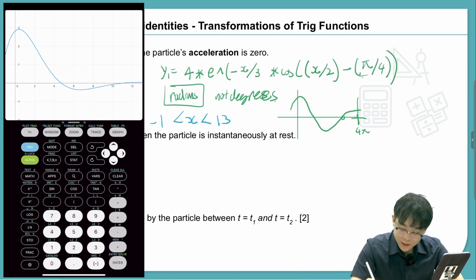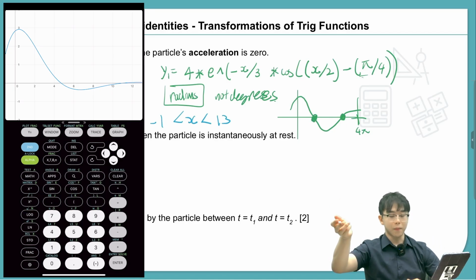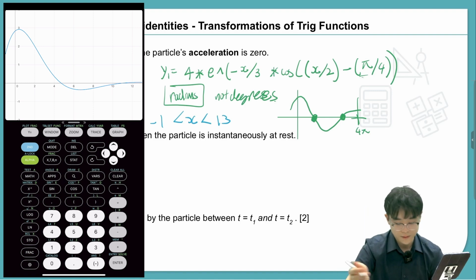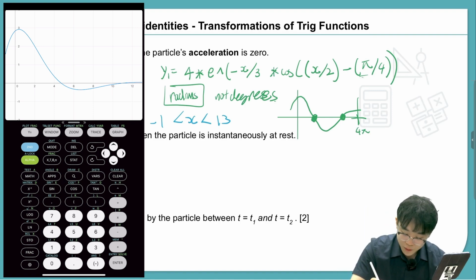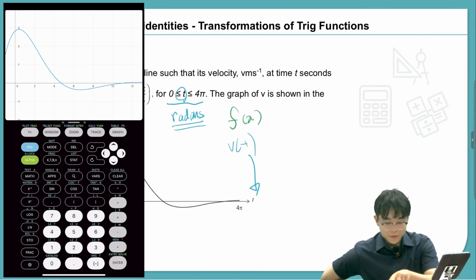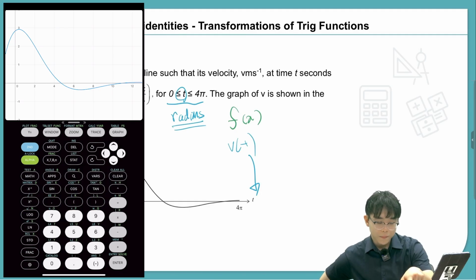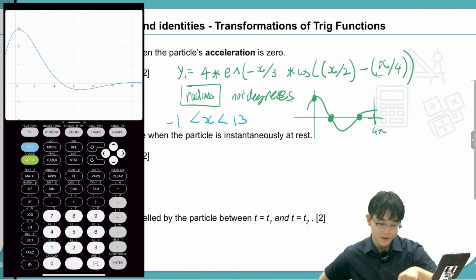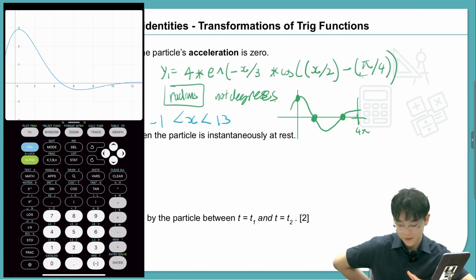But we know that there are 2 zeros where v goes from positive to negative and then negative to positive. And although the question starts off at 0, we know that it goes down in the negative region. That's the advantage of copying and pasting this expression into your calculator. You can see the full expression that the question doesn't give you the details of.